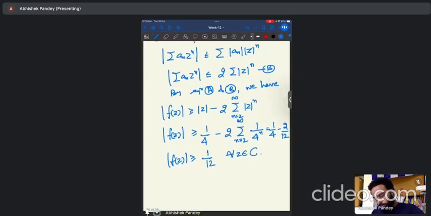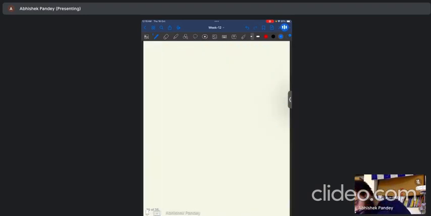Option B is true. Now let us look at option C. Let us say any w naught belongs to this ball. It means that |w naught| is less than 1/12.